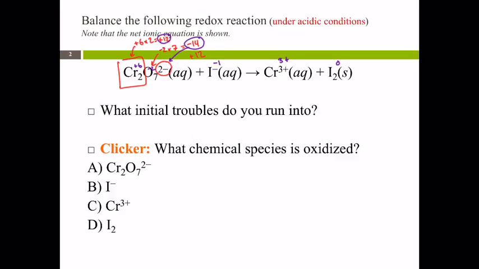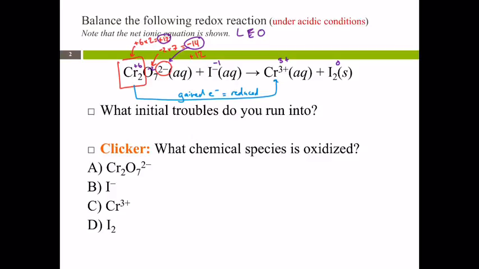So then we want to look and say what was oxidized. Remember, oxidized is losing electrons as oxidation. I did that backwards. So if we look from left to right, I'm going to use a blue pen. Chromium looks like it gained electrons, so that means that it is reduced.